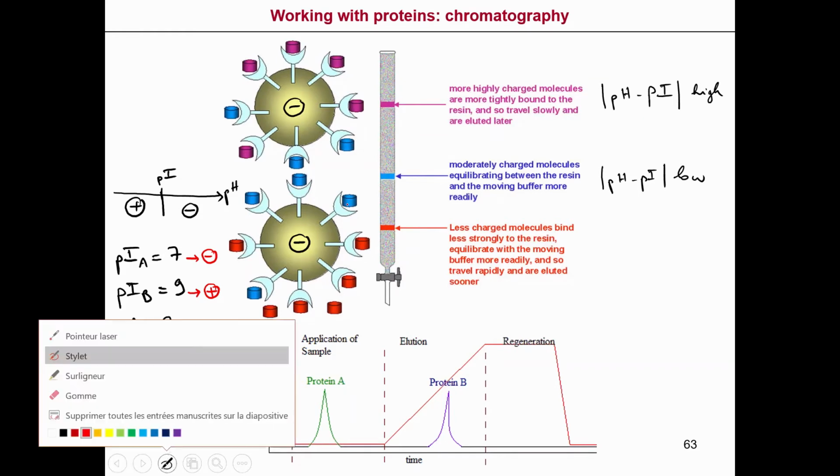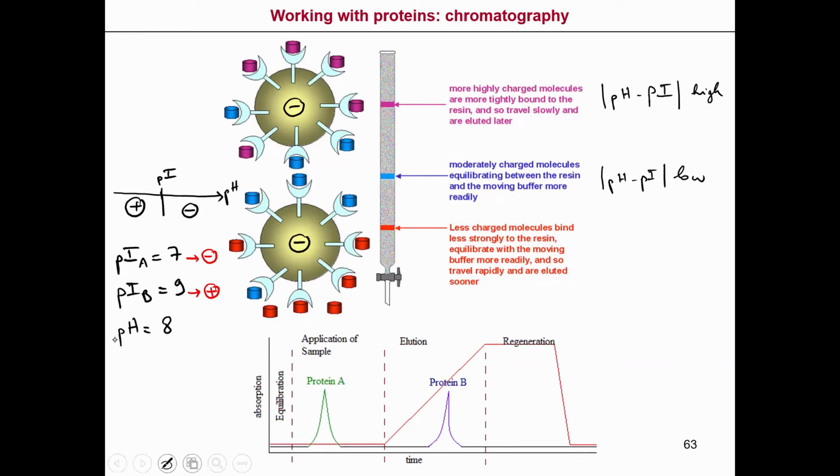So because we have negatively charged beads, there's no interaction between protein A and the gel. So protein A will be eluted first.